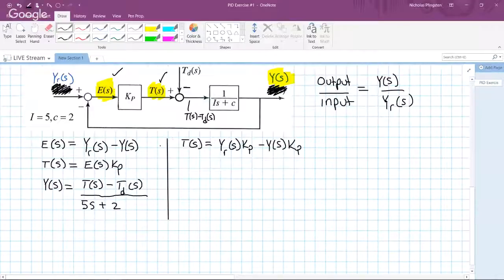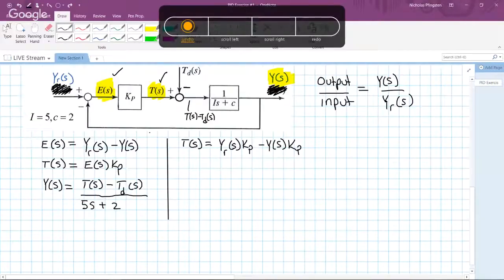Now I'm going to back substitute that into the capital Y of S equation. Capital Y of S, it's kind of ugly.